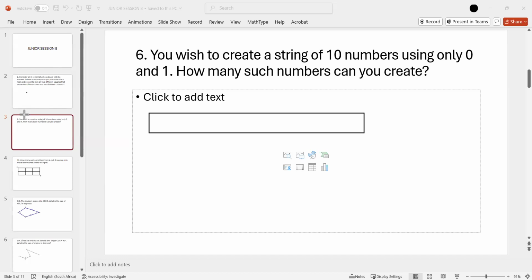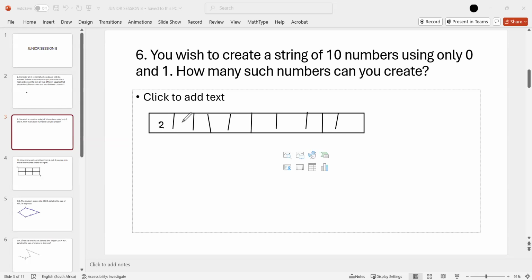So what I'm going to do is put 10 boxes. All right, so you've got 10 boxes here. Now, in how many ways can you fill the first box? You can put zeros or ones. So there are only 2 ways.